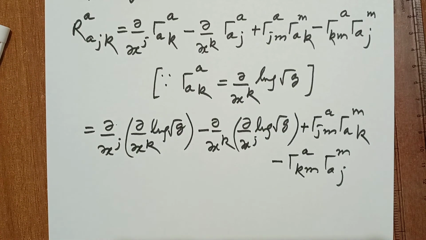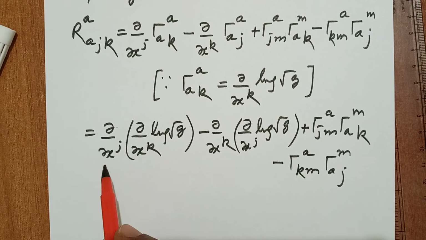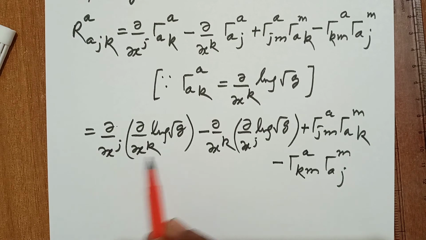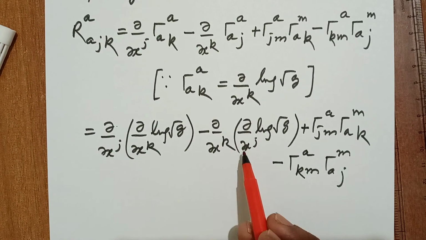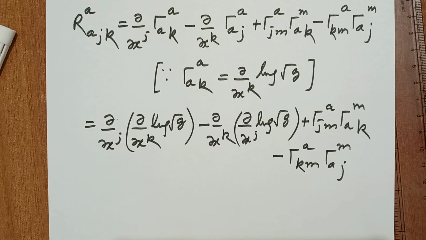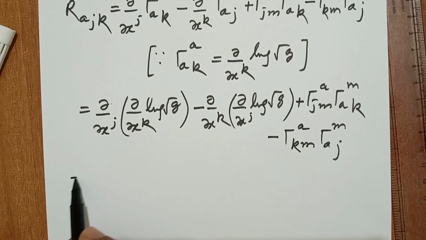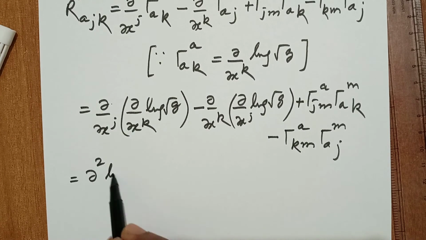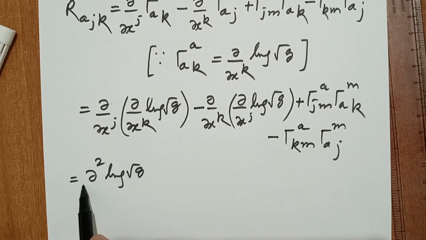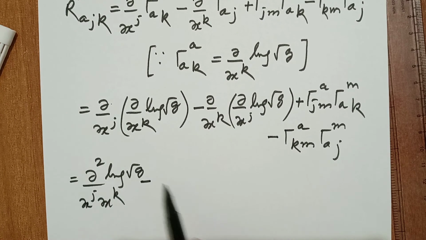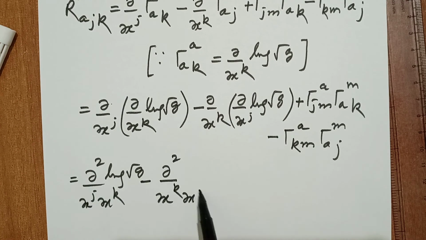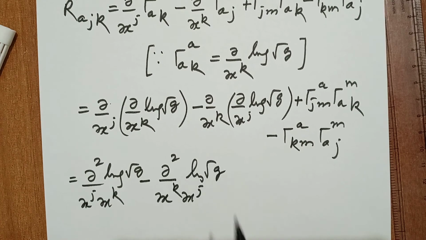Now this is a second order partial derivative, ∂²/∂x^j∂x^k and this is ∂²/∂x^k∂x^j. Second order partial derivatives commute, so this is equal to ∂² log root g/∂x^j∂x^k minus ∂²/∂x^k∂x^j of log root g.